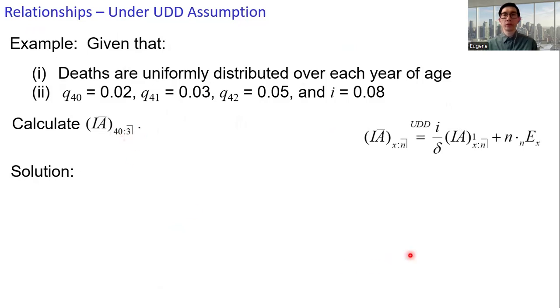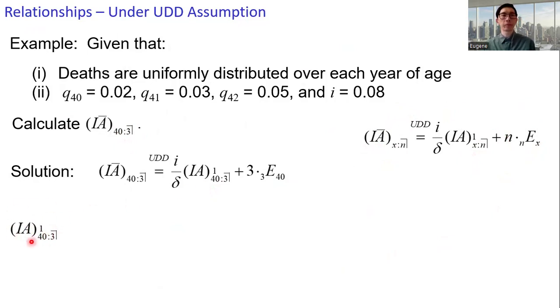All right, make use of the relationship here. We have the discrete case. The first term, death benefit is 1, the present value factor 1 over 1.08, and the probability of death within this year, 0.02, which is q40.